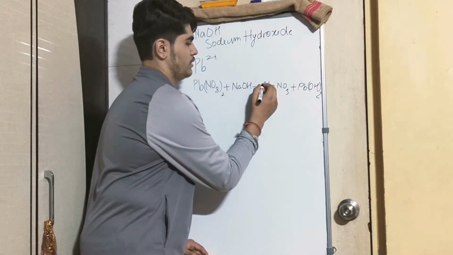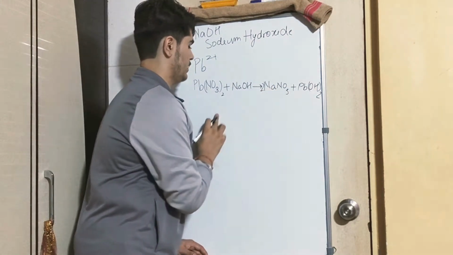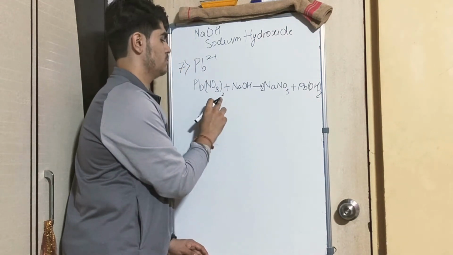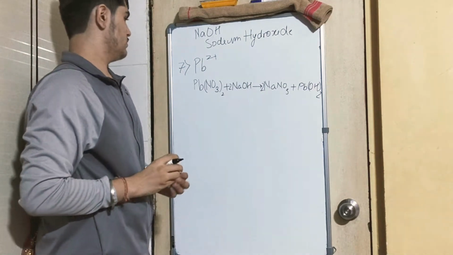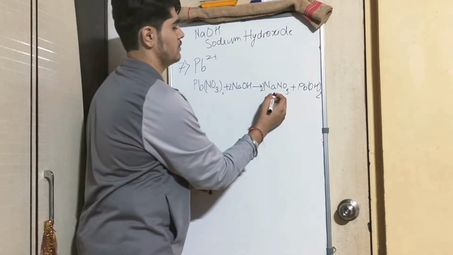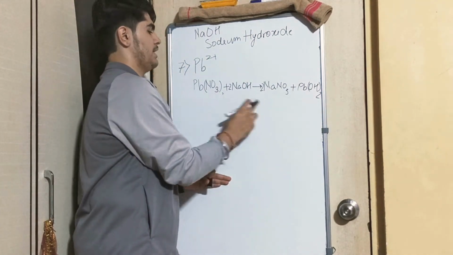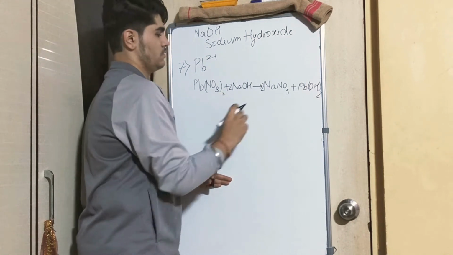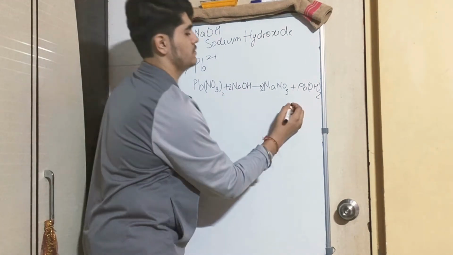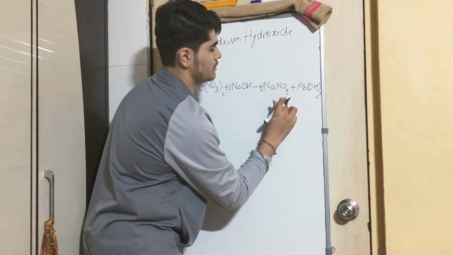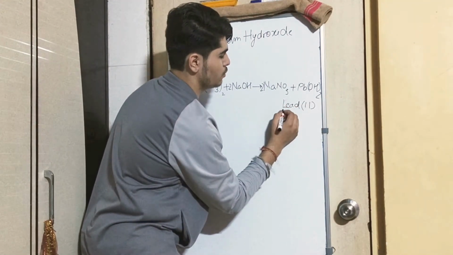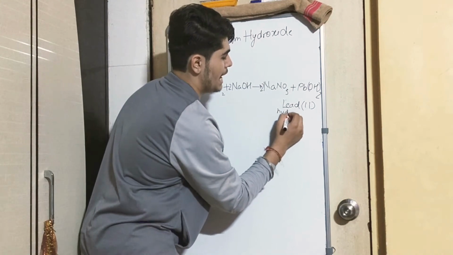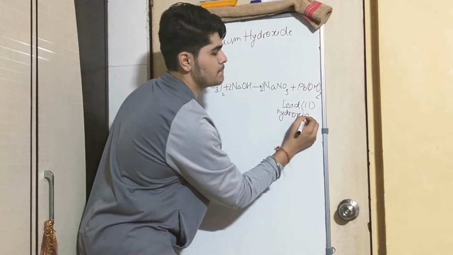So here we go with 2 because of 2 NaNO3, and here also 2. So the equation is balanced. This is our byproduct which we get by reacting these two, and the main product is lead 2 hydroxide.